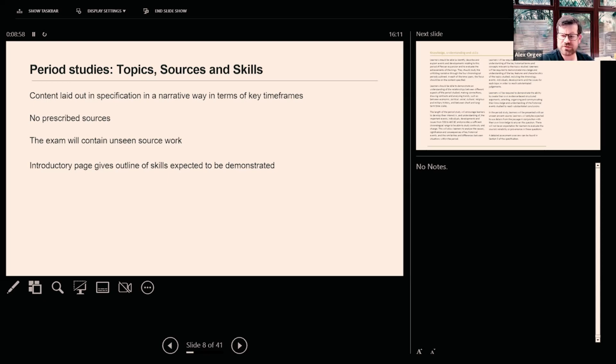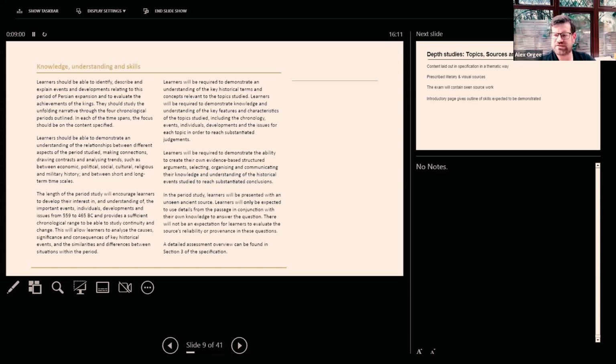In terms of the skills we're looking for students to demonstrate when studying the period and the longer period study, this is an extract from the specification from pages 8 and 16, drawing out the key skills.